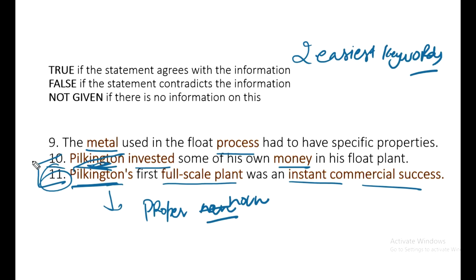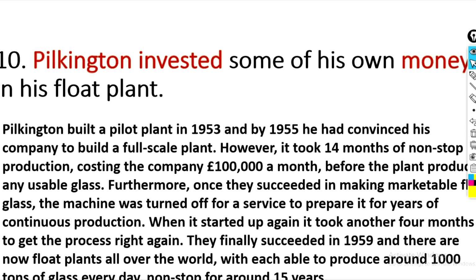So firstly we are going to solve these two questions, 10th and 11th. Here is the question. It says Pilkington invested some of his own money in his float plant, and here we found our first keyword in the starting. Now I'm going to scan. Down here it says something about costing, and it also mentioned money in terms of numbers.